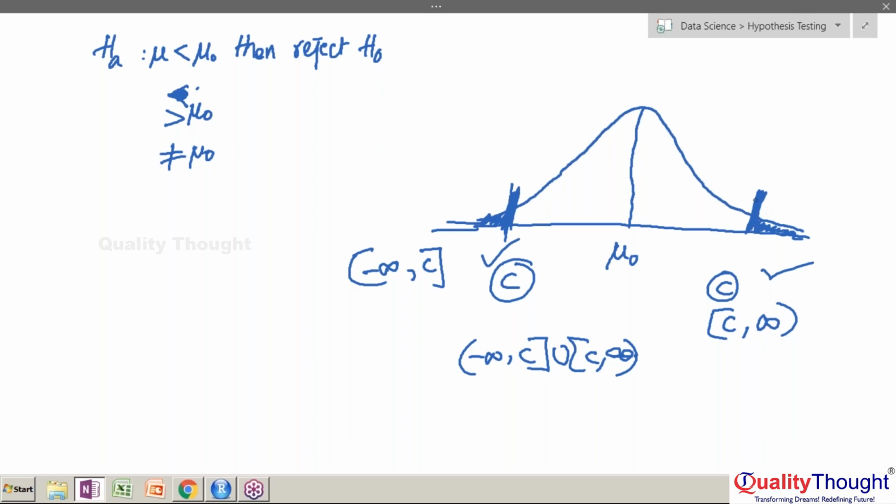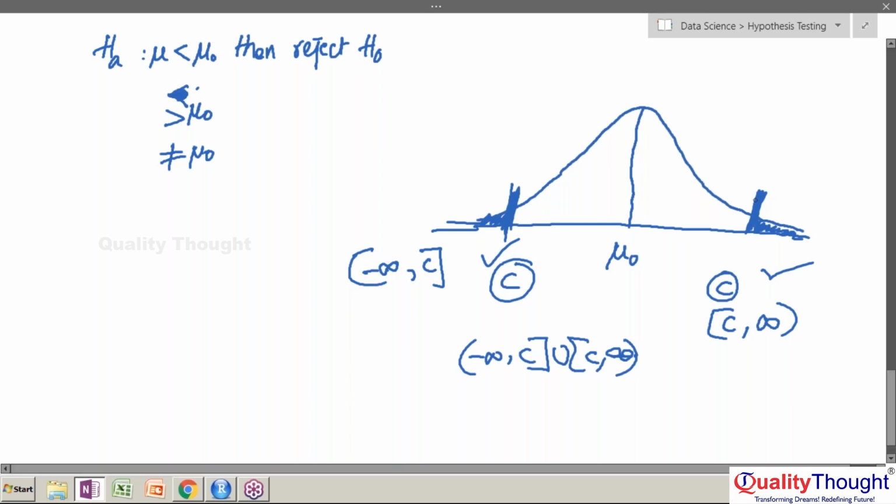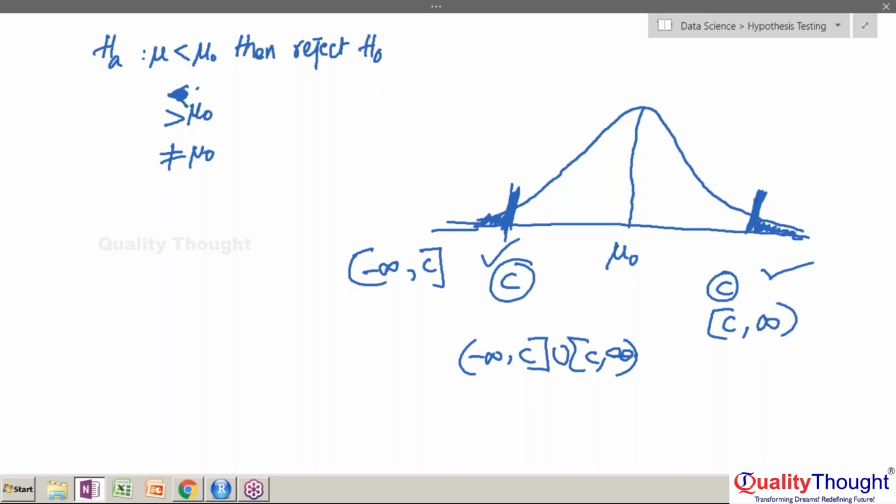How is this going to work? How do we identify the critical values, guys? The Z distribution, right? We will take up the Z distribution. I will explain one concept with one example.